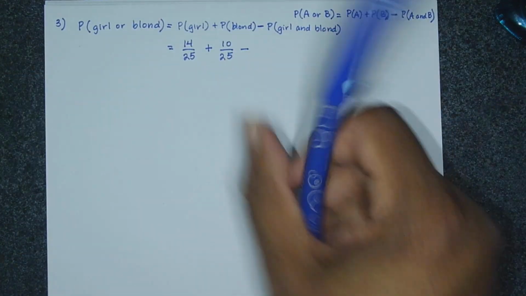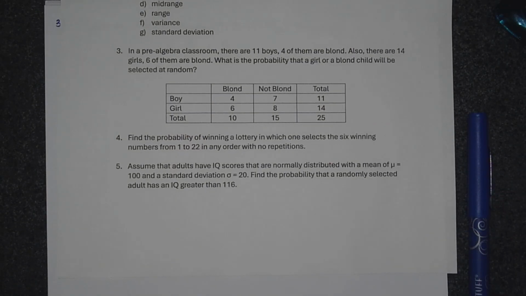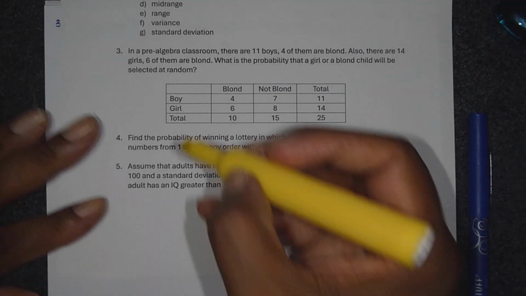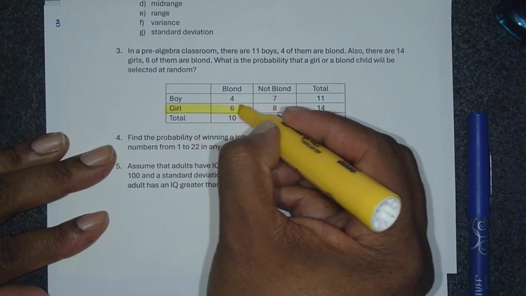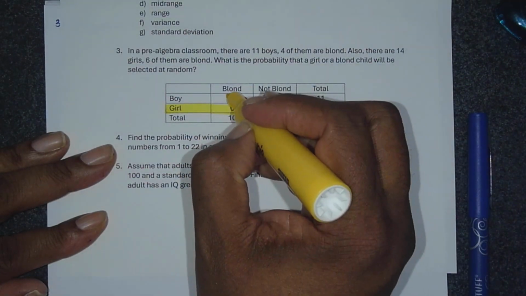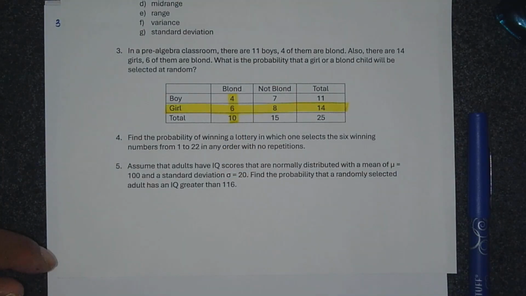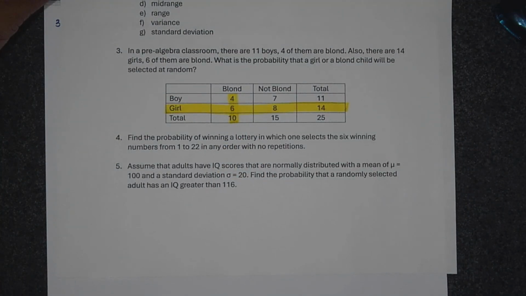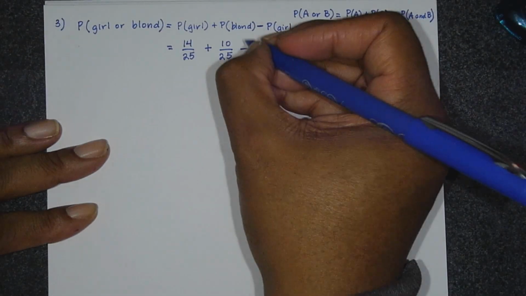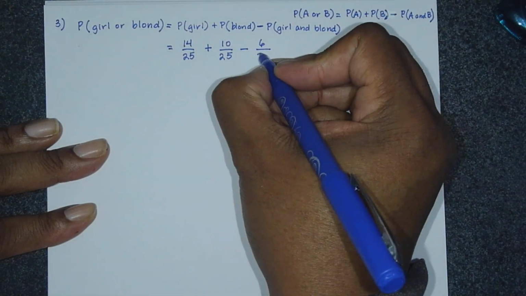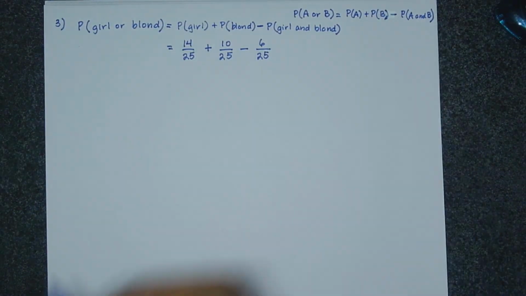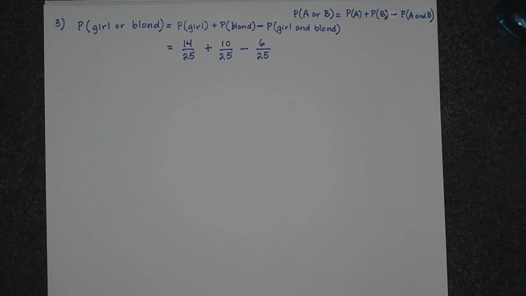But I got to subtract off that overlap. And to show the overlap, that's the probability of a girl, the probability of a blonde. Where does the overlap occur? What number? 6. Okay, because you got 6 girls and a blonde here, so I subtract 6 over 25. And that is to prevent double counting.